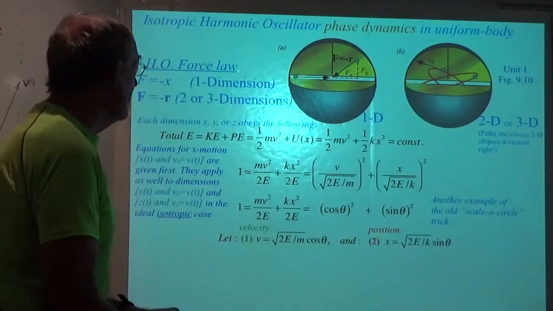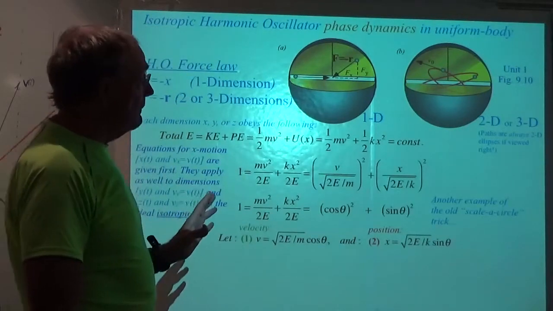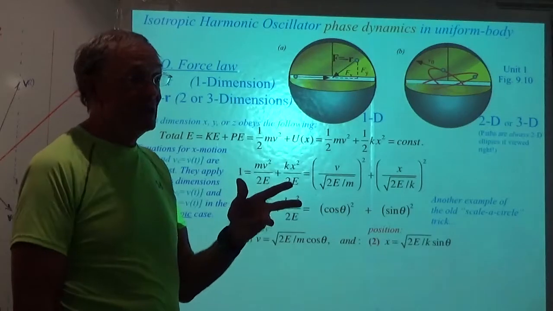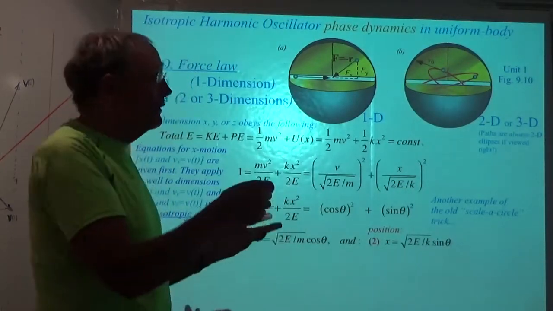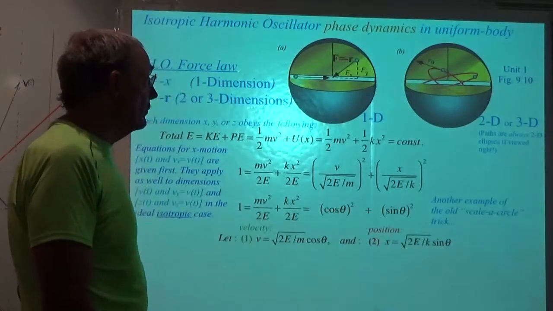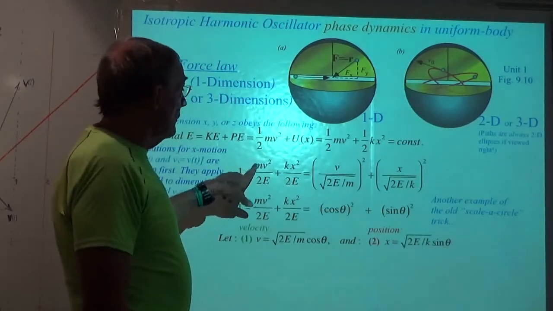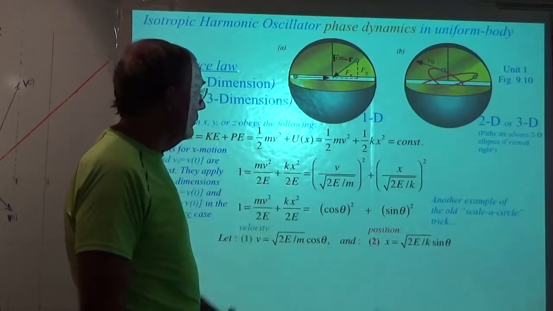Now, what we're doing here is playing the old game that we played before when we turned the Lagrangian into a Hamiltonian, going backwards, sort of the halfway point. We do that again here with our kinetic energy, mv squared over 2e and kx squared over 2e.